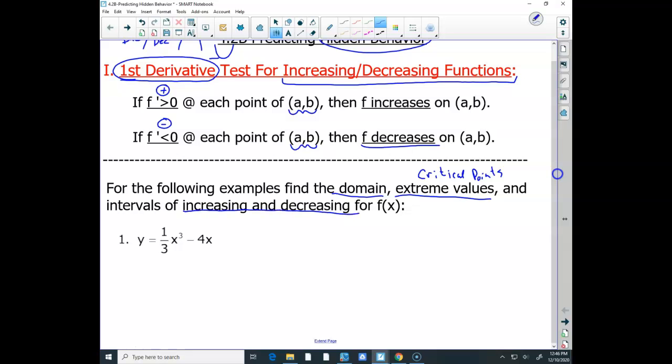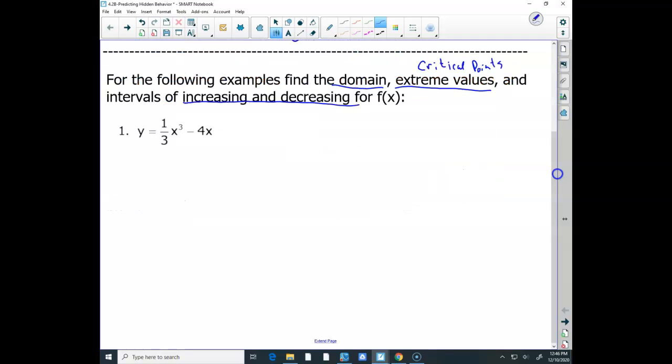We're going to be able to do this based off of our critical points, okay, and our very rigorous first derivative test, okay? So first and foremost, what is the domain of this guy? This is a cubic function. This is a polynomial. The domain of those are all real numbers. They are continuous. They are differentiable everywhere, okay?